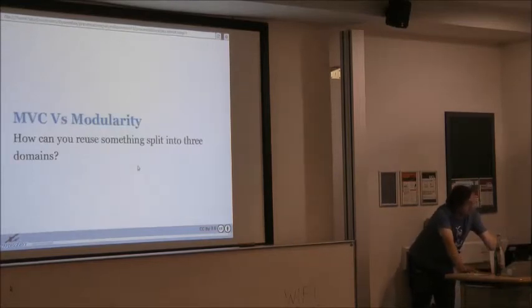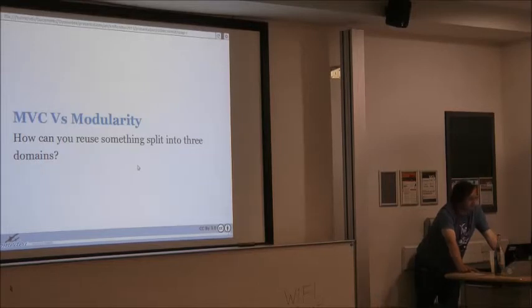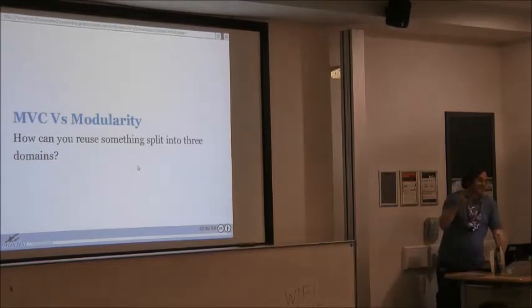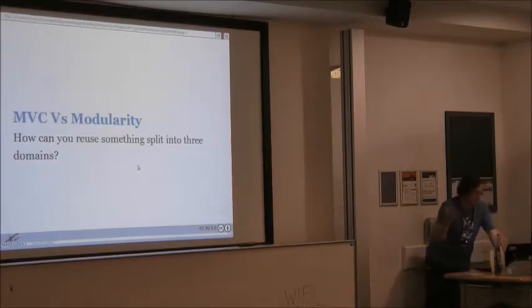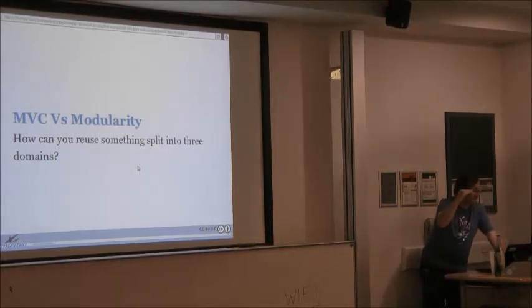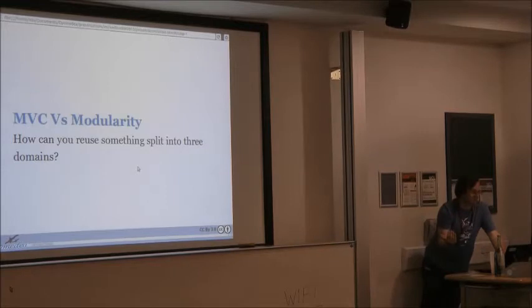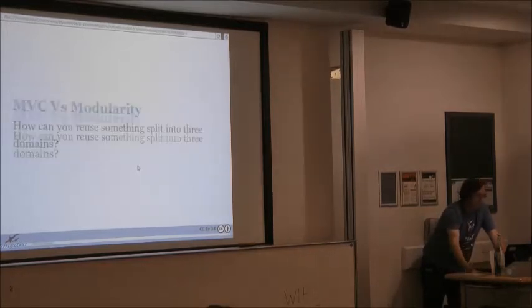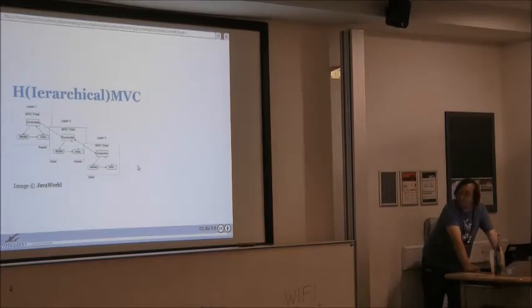The thing with the MVC is that it doesn't play very well with modularity, because if you split things into three different domains, it becomes difficult to split the same domain into different components. This is a very generic problem with the MVC. Over time, people have come up with something called HMVC, hierarchical MVC.